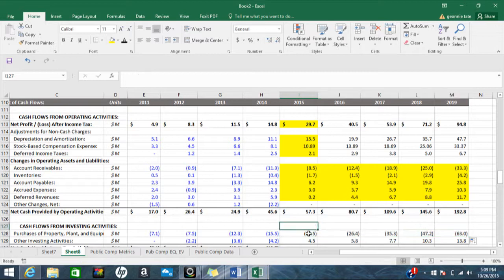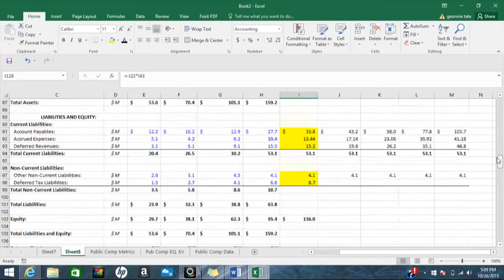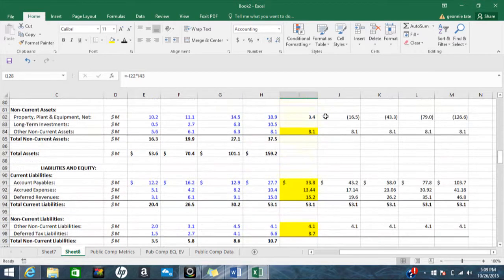And now I will bring this number to here. This is coming from the asset side.